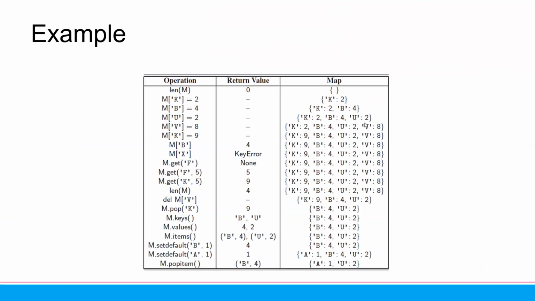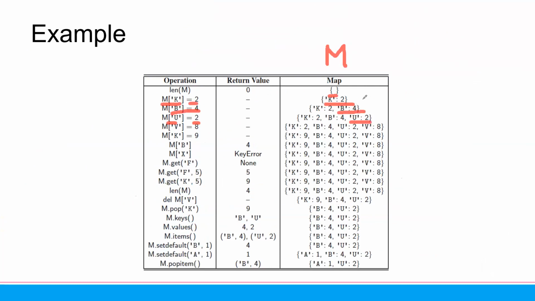So this is the example. Let's start with m empty. I have k as the key equal to 2, so k equals 2. I have b and the value is 4, so b equals 4. I have u equals 2.